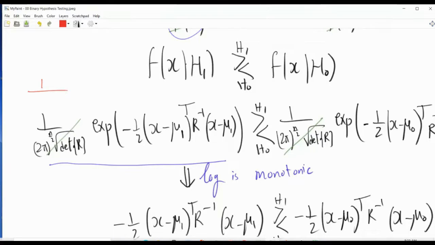The scaling factor outside is different. It is pi to the n, not pi to the n over 2. There is no 2, it's pi to the n, and there is no square root, so it's the determinant of R. There is no half here, and so it is minus x minus mu1 Hermitian R inverse x minus mu1.